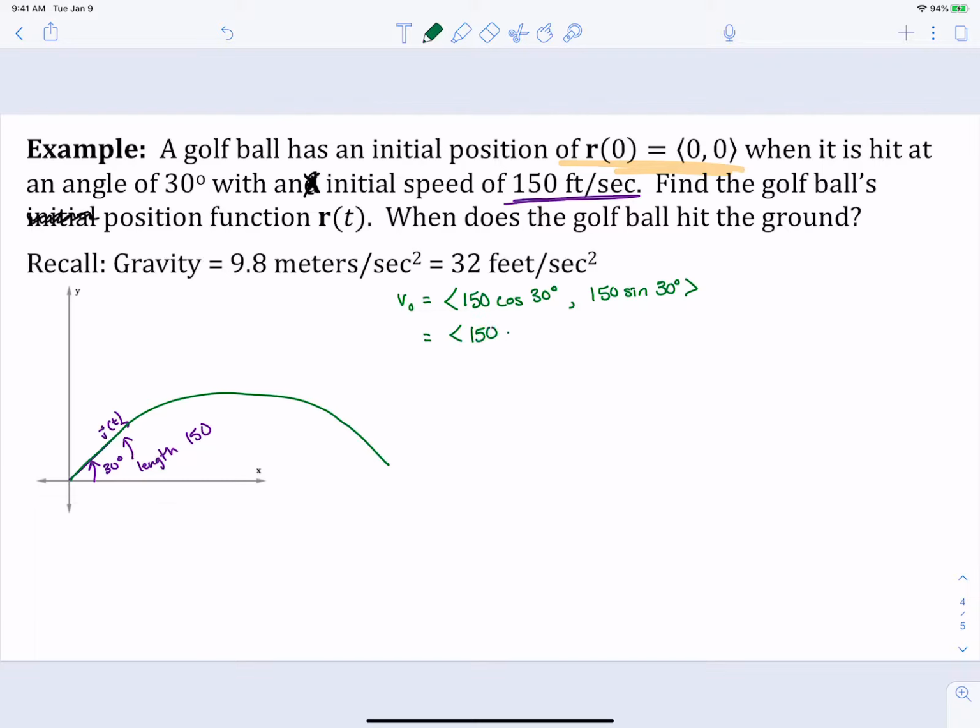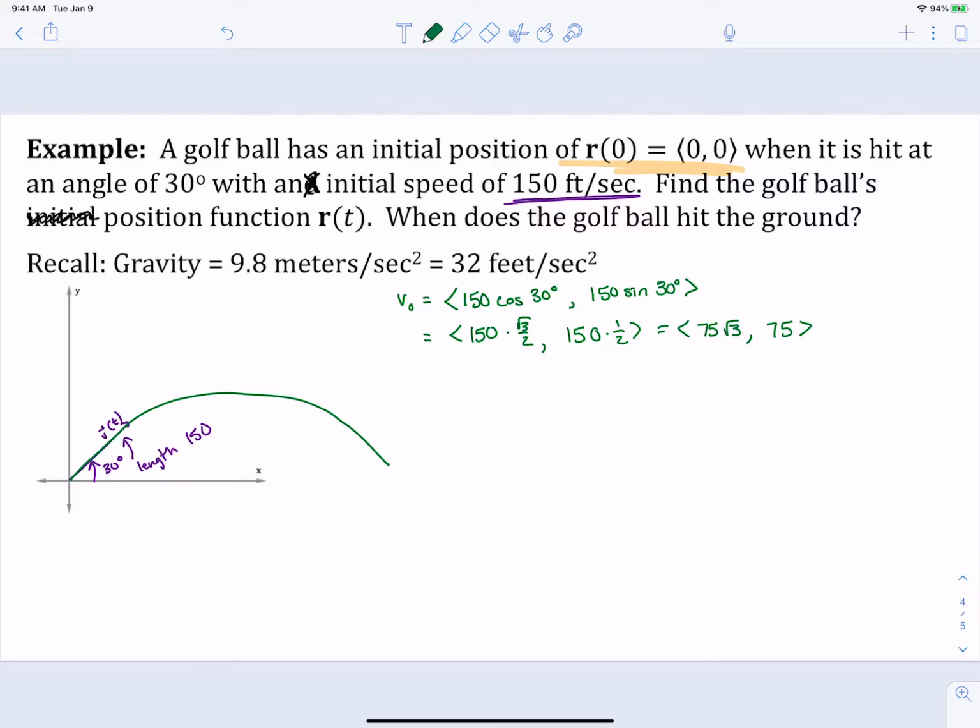And so we're going to get 150 times the square root of 3 over 2, and then 150 times 1/2. So our initial velocity is going to be 75 square root of 3 in the x direction and 75 in the y direction, feet per second. So that is our units for that.